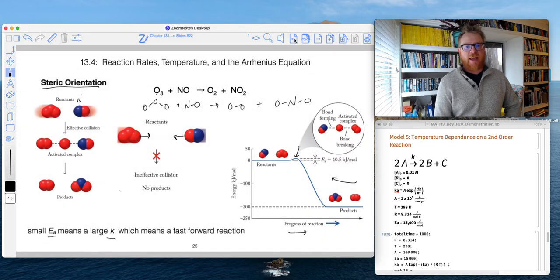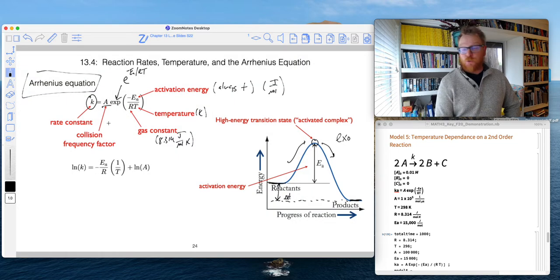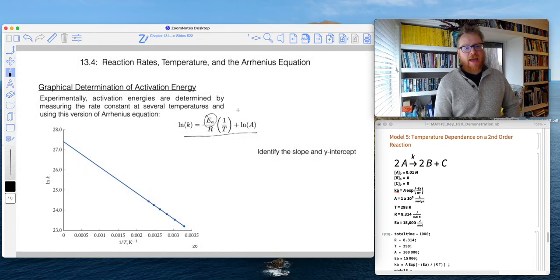It's the same version that I showed you right here, but now we've done some algebra. And this algebra ends up being y equals negative mx plus b. So it's another line.